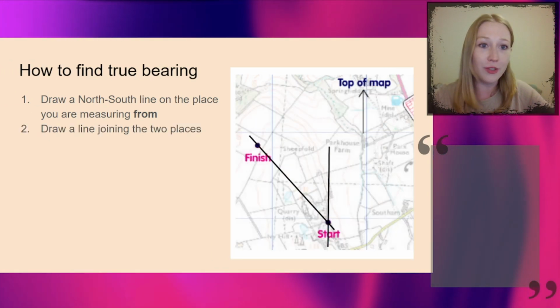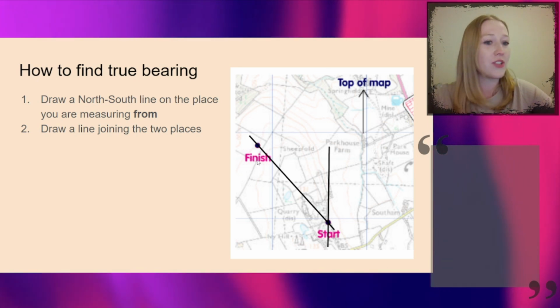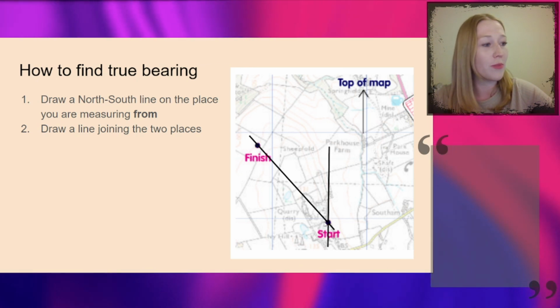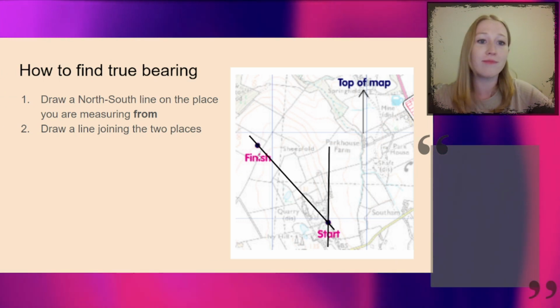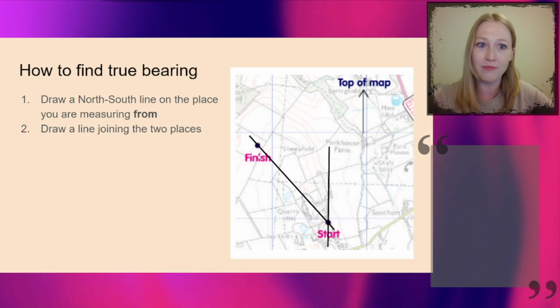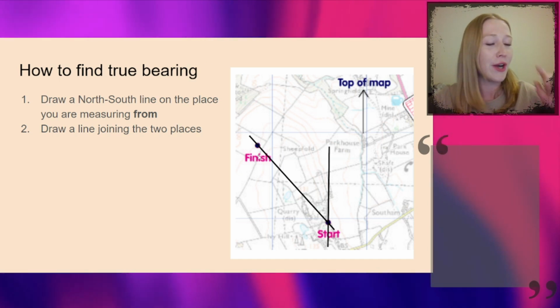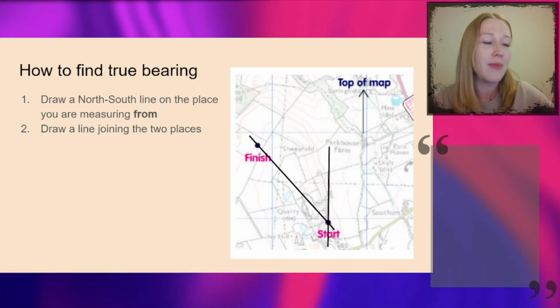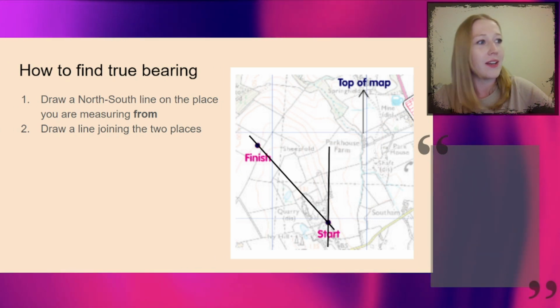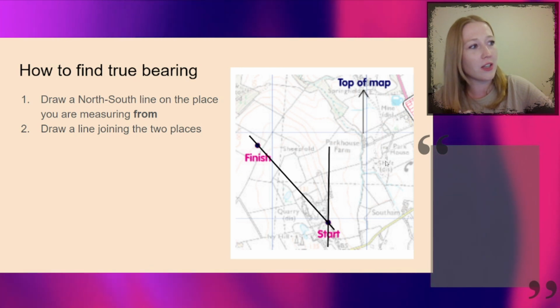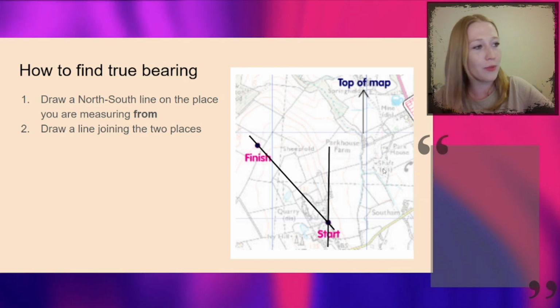Step number two, connect the dots. Now you draw another line from your start to your finish point. So far, so good, hopefully. I specifically took this map because it's not as straightforward to measure as if the finish was on this side, for example.